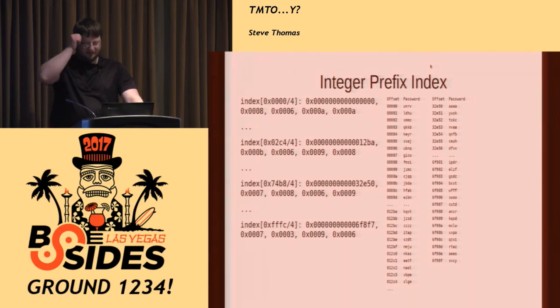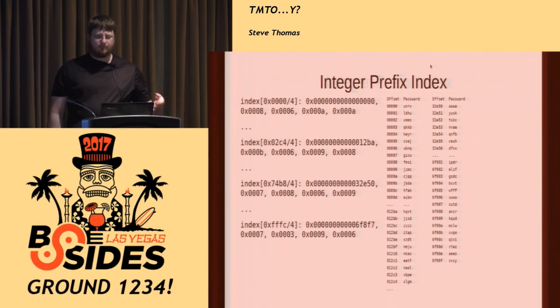Anyway, so the 64-bit number is basically a pointer into your array of passwords, like this, the password range ID. Each one of these represents 4 actual buckets.